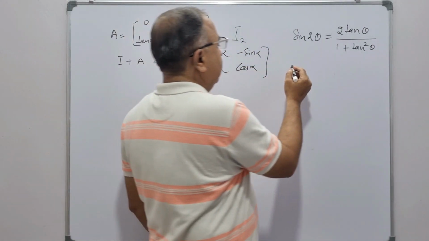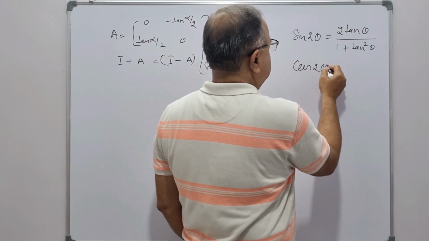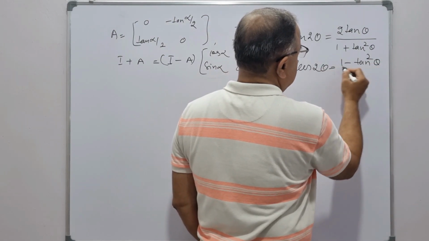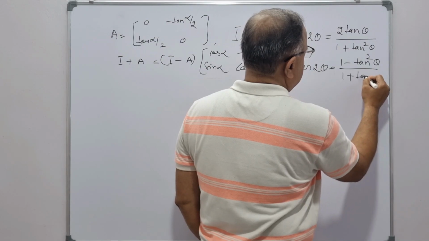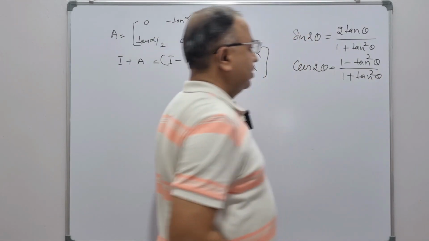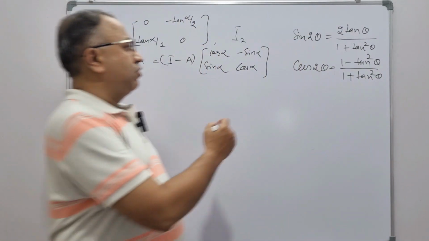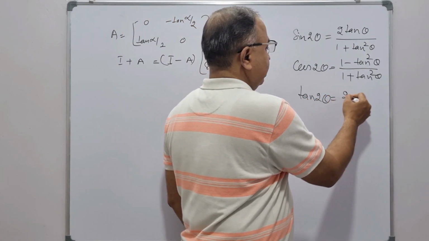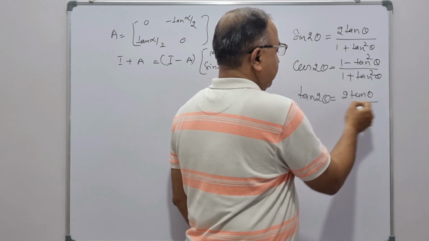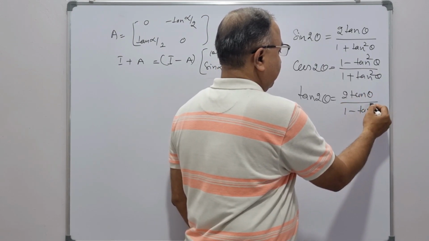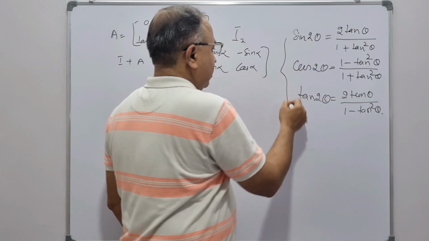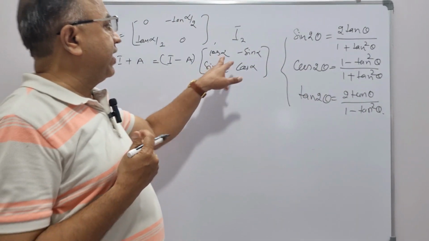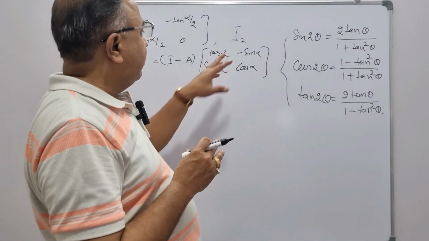And what is cos 2 theta? It is 1 minus tan square theta upon 1 plus tan square theta. If you divide both, you get the formula of tan 2 theta. You can recall it. It's 2 tan theta upon 1 minus tan square theta. These three identities are applicable here when you convert angle into half angle. So you have to express cos alpha.